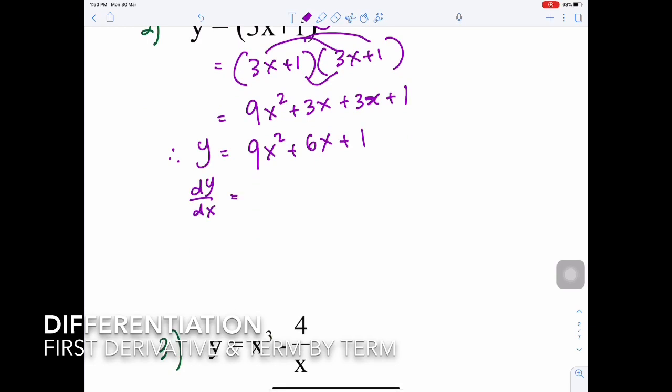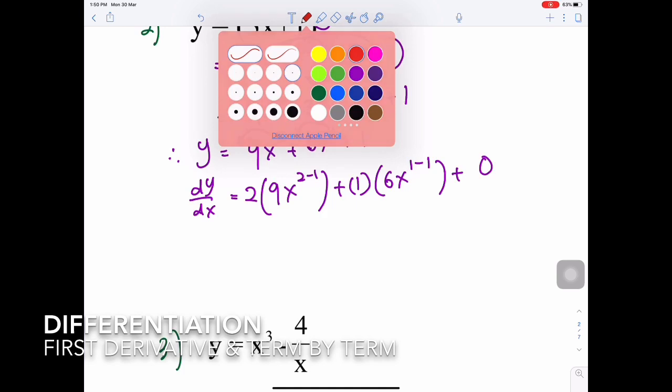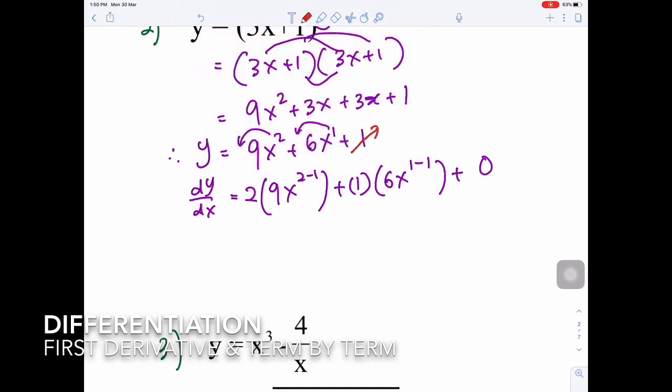It equals bring forward, so 2 times 9x power of 2 minus 1, plus bring forward 1 times 6x power of 1 minus 1 plus 0, because we already know if we differentiate any number, it becomes 0. And then simplify, so 2 times 9 equals 18x power of 1 plus 6x power of 0. Power of 0 equals 1, so the answer is 18x plus 6.